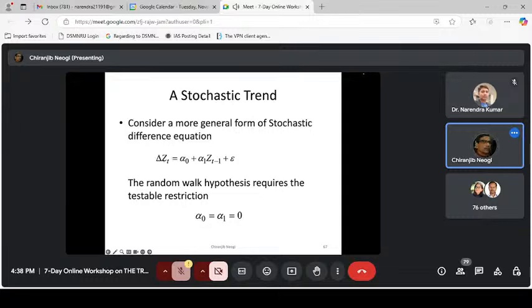So if the values of alpha 0 and alpha 1 are 0, then it becomes a random walk. So the testable condition for a random walk is that both alpha 0 and alpha 1 are equal to 0.